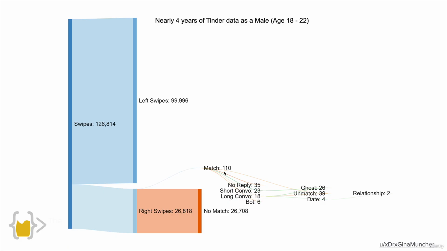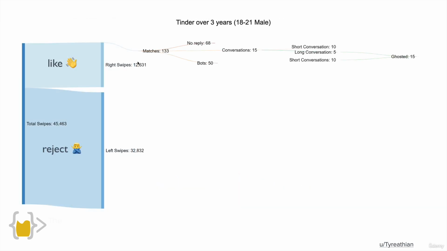That's 0.41%. This poor lad has almost a better chance of winning the lottery at that rate. And this is not just a one-off. I found another guy who posted his Tinder stats, and he did a little bit better, where he got 133 matches out of 12,631 swipes. So basically just one match for every 100 swipes.